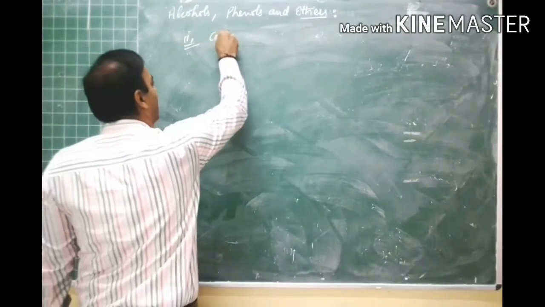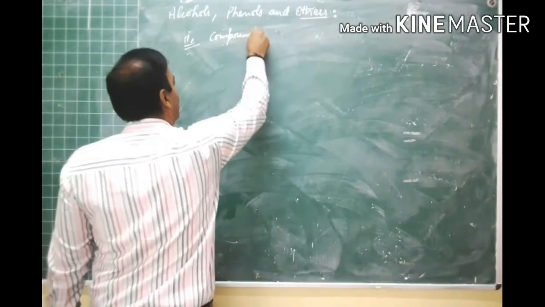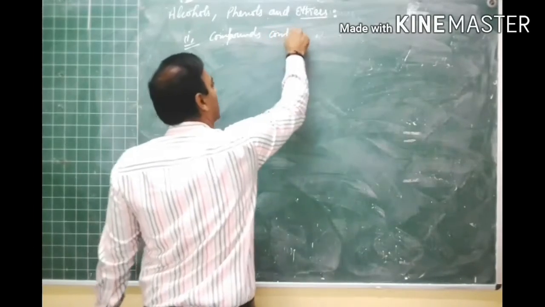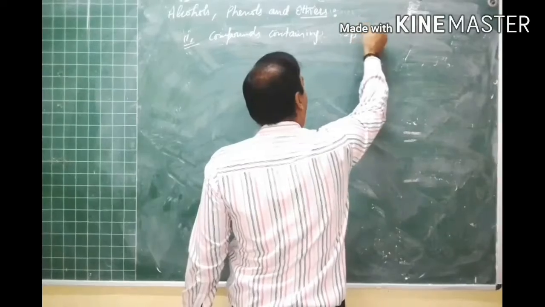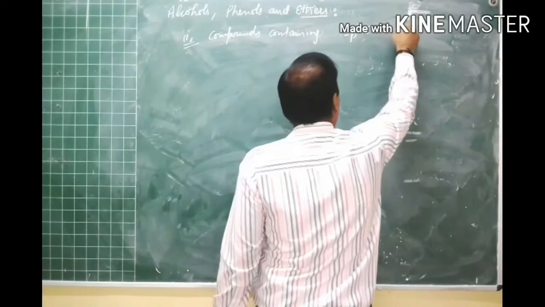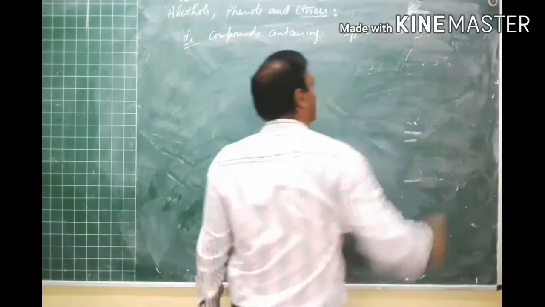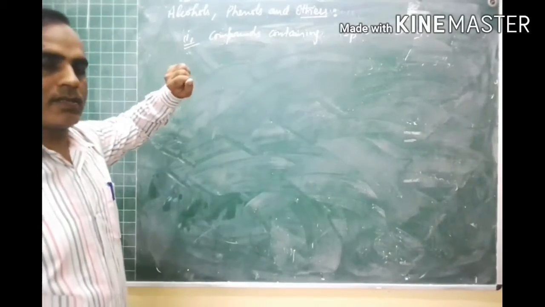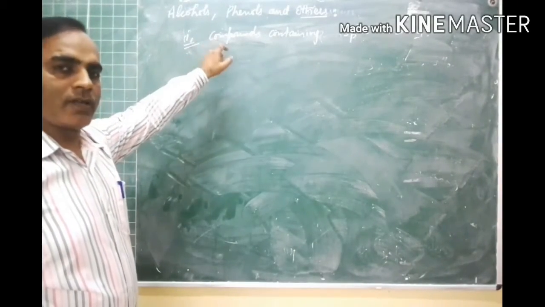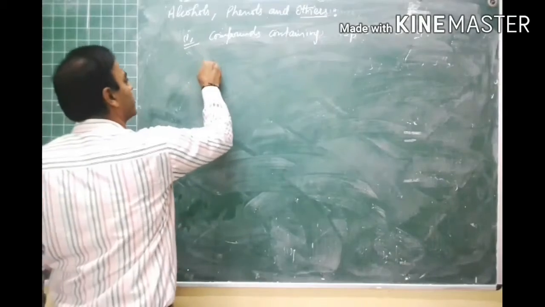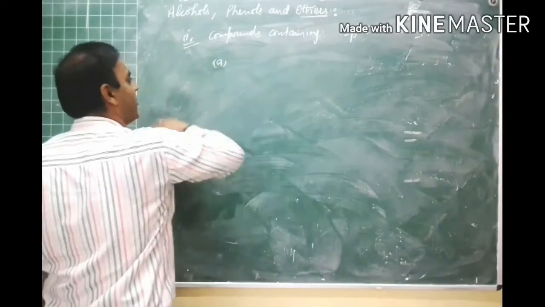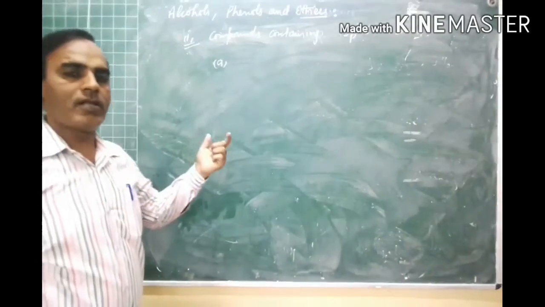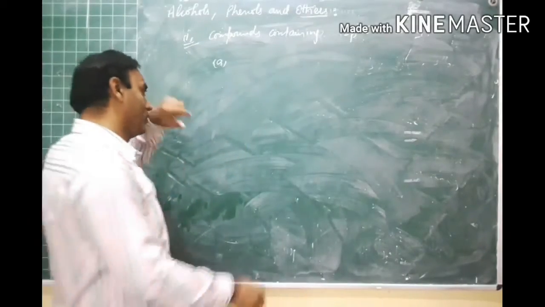So alcohols containing an sp3 hybridized carbon-OH bond, on this basis, the monohydric alcohols are further of three types. This classification includes the primary alcohol, secondary alcohol, and tertiary alcohol.